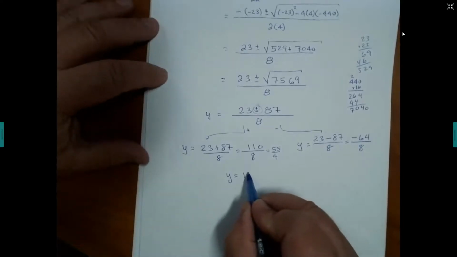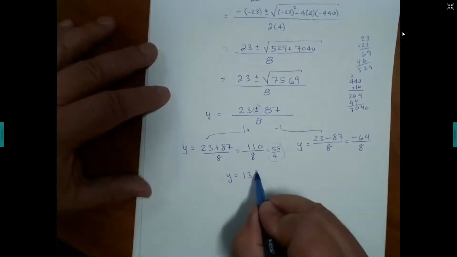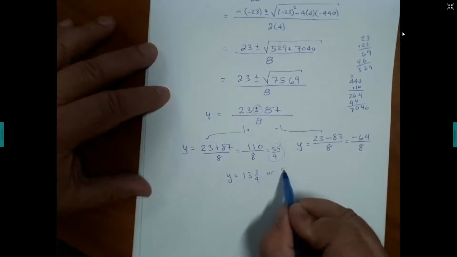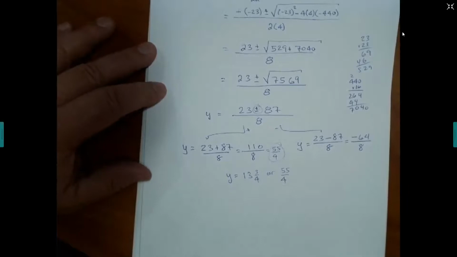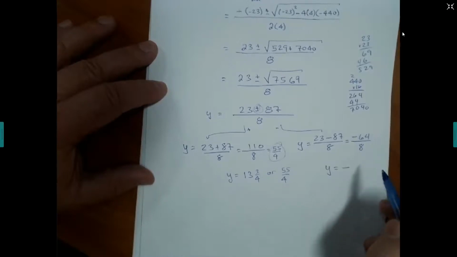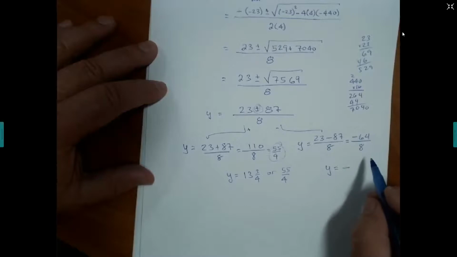So it's 13. You can either, I'll probably leave it this. I don't think either one of these answers would work. That's your first intercept. Or the second one is 64 divided by 8 is, what is it?